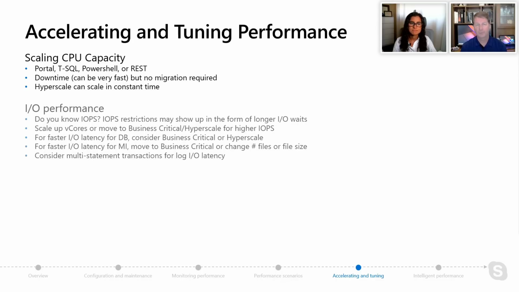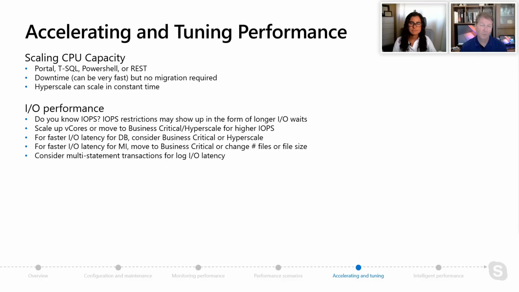Well, what about I/O? We talk about IOPS, input output per second, and a lot of times I talk to customers about choosing that IOPS level in their deployment choices, and they haven't even measured that on premises, and they're not used to doing that. So make sure you know how to measure that through, say, Performance Monitor in your environment. That may show up in the form of longer I/O waits. And if you want to affect IOPS or I/O latencies, it is typically about your choices of deployment.